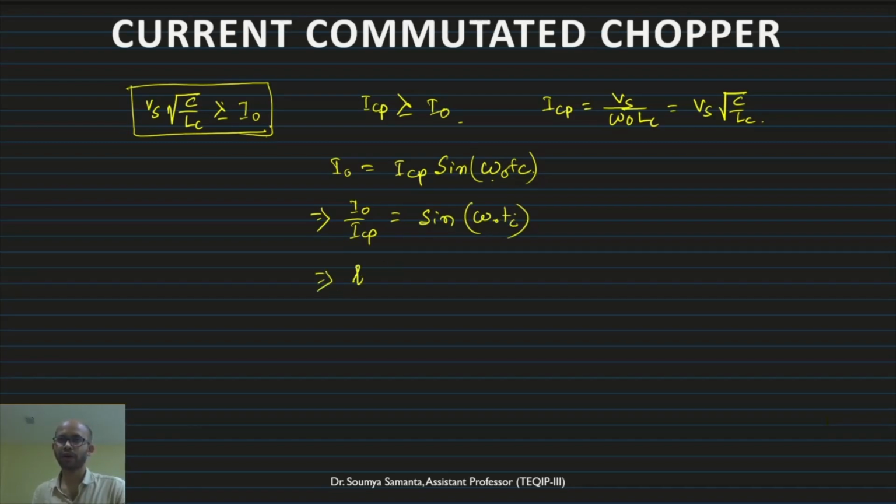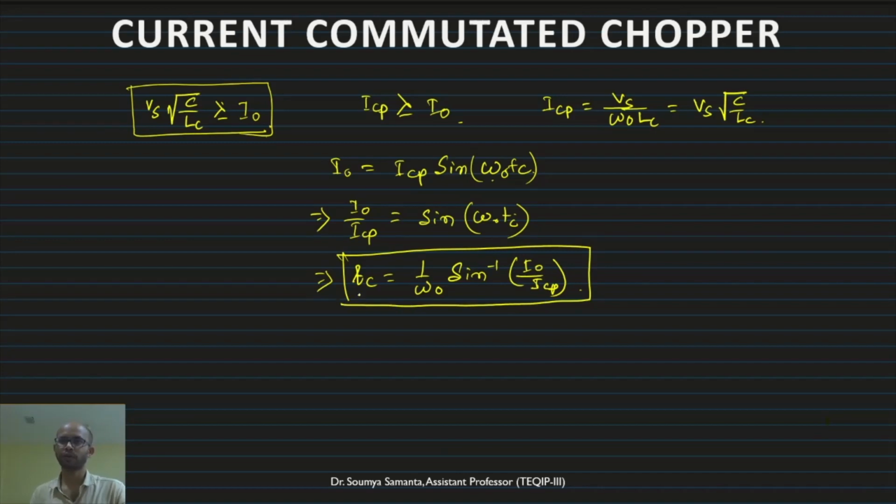In another way, Tc equals 1 by omega naught sine inverse of I naught by ICP. This is the expression of Tc, provided we know the values of L and C, or omega naught, I naught and ICP.